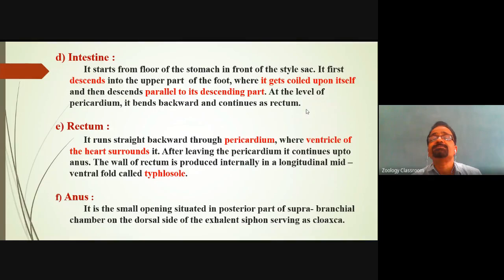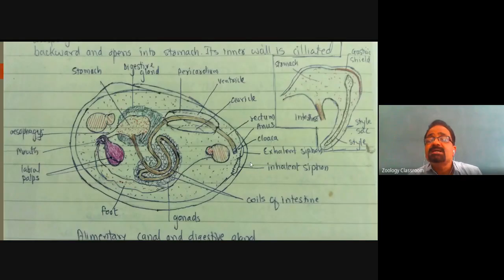Now see, this is the exhalent siphon. This is the area which is referred to as the cloaca. This is the anal opening, the terminal part of the rectum. So, why is this area called the cloaca? Because not only does it receive the undigested food which is egested out through the anus, but it also receives the reproductive gametes, sperm and ova, which are released out through the exhalent siphon.